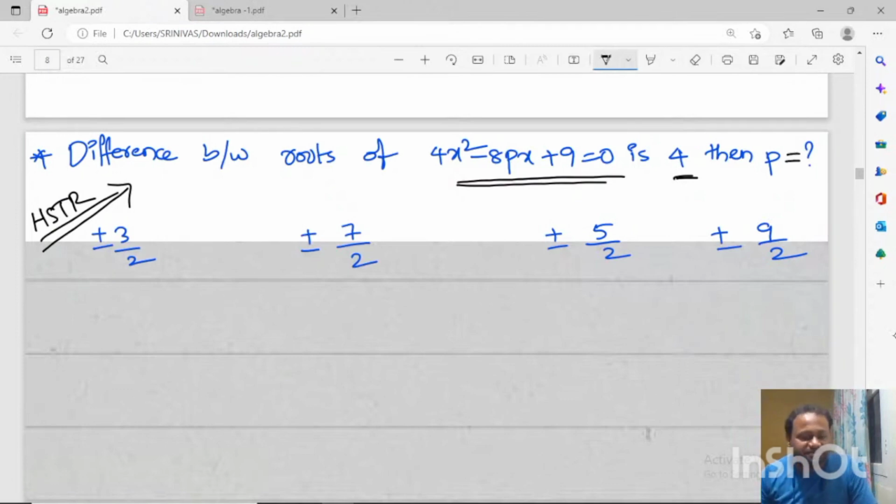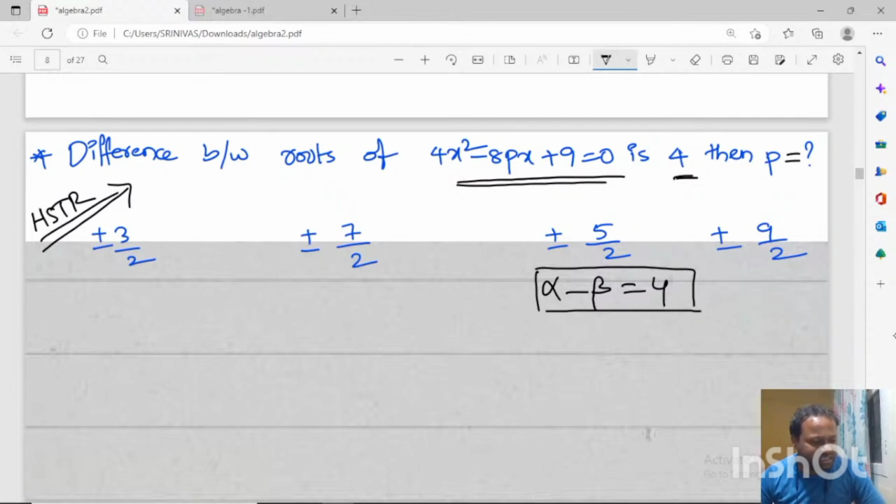So difference between the roots means alpha minus beta is 4. The difference between the roots is 4, given. We need to find the P value. Very easy question. The options are plus or minus 3 by 2, plus or minus 7 by 2, plus or minus 5 by 2, plus or minus 9 by 2.